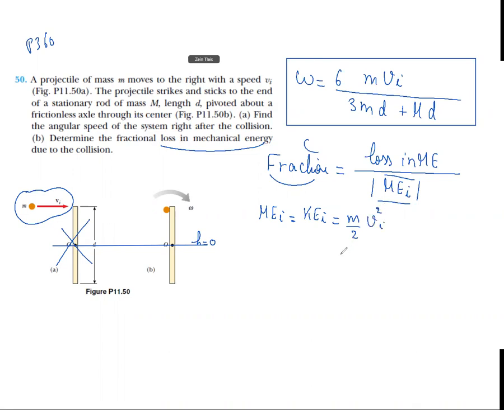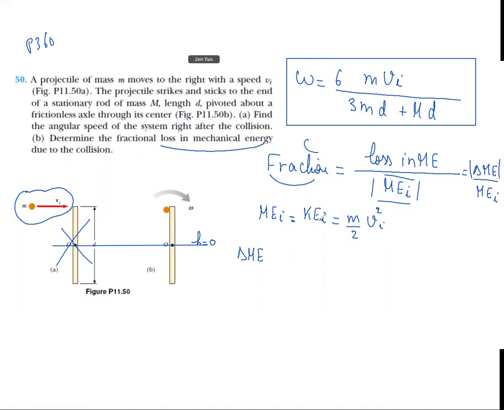This is the initial one. Now I want to calculate delta mechanical energy, because the fraction equals delta mechanical divided by the mechanical energy initial, delta mechanical absolute value.